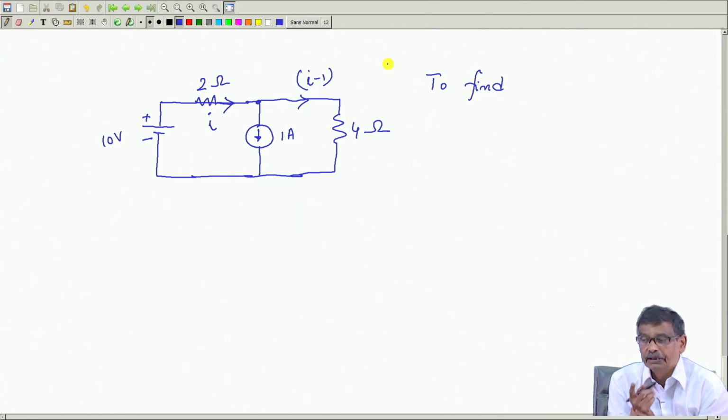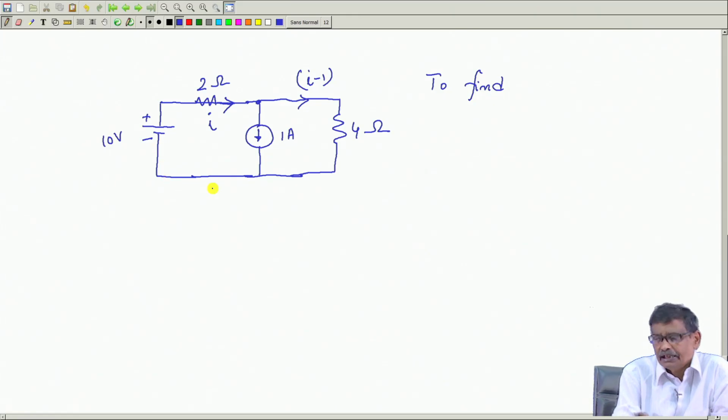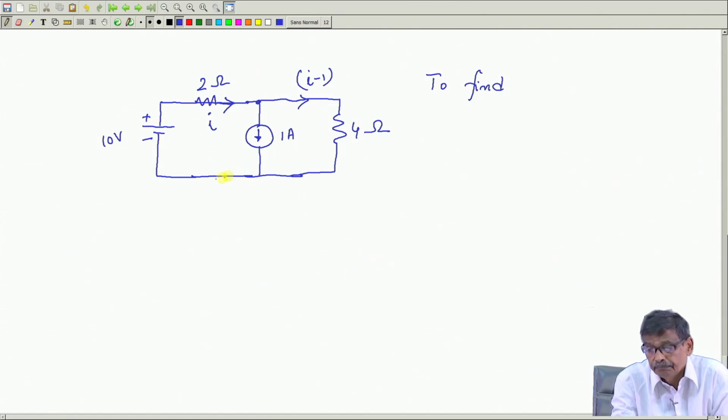Now I have to apply KVL. Please go through this exercise very carefully. KVL is true for any closed path. In this path, the voltage between these two points, suppose this point is A and this point is O, sum of these voltages must add up to 0.